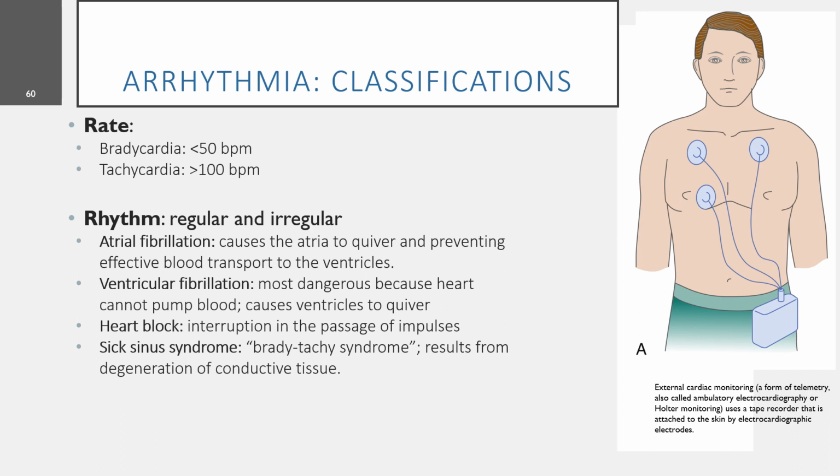Ventricular fibrillation is the most dangerous because the heart cannot pump blood. It causes the ventricles to quiver. A heart block is an interruption to the passage of impulses, and sick sinus syndrome is Brady-Tachy syndrome, resulting from degeneration of conductive tissues.